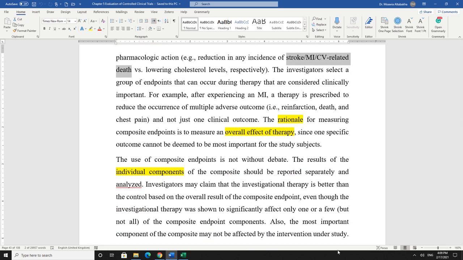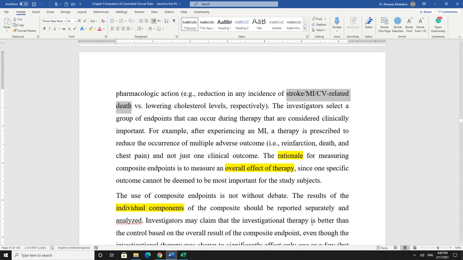So if they report that drug A is able to reduce the composite endpoint more than drug B, for example, drug A is better, this is not enough, because maybe it can reduce the angina pectoris, but maybe the death is increased or it's not changed. So if the investigators have a composite endpoint, they should also analyze the individual endpoints. Okay, is that clear?